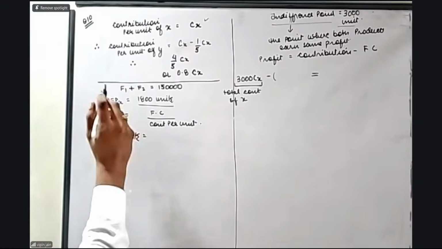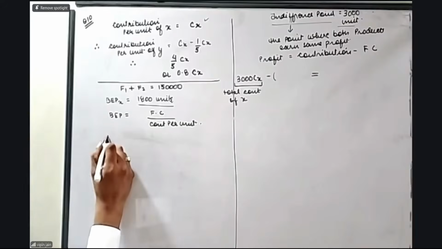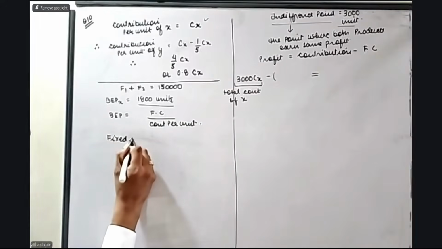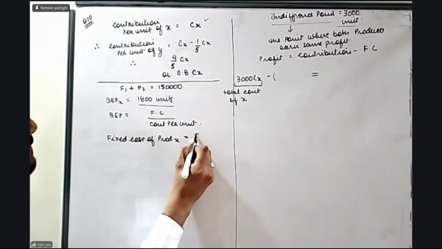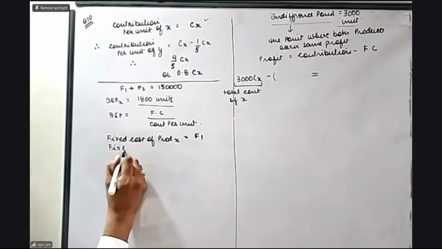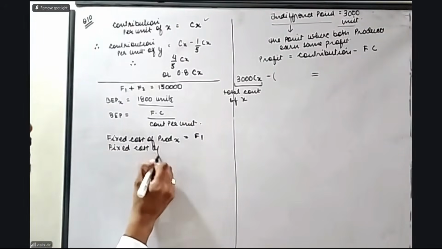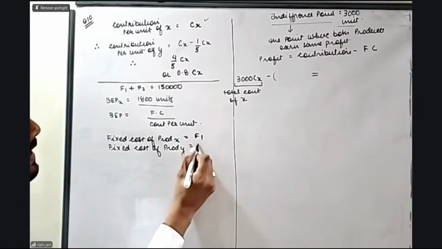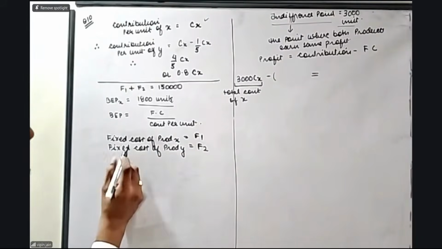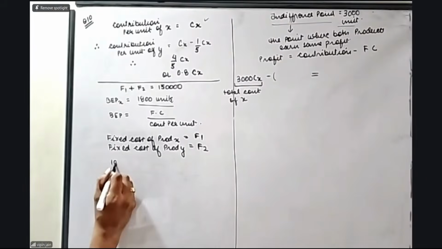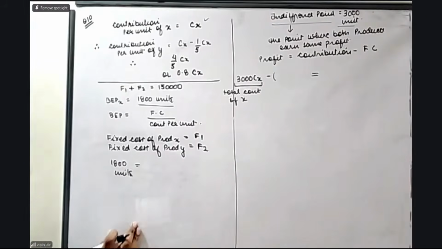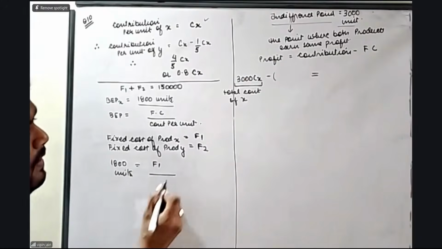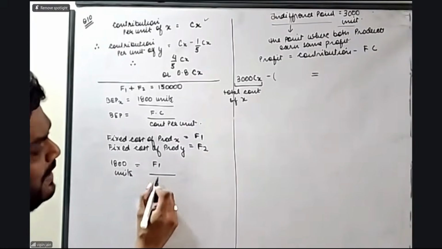Now the fixed cost of product X is F1 and the fixed cost of product Y is F2. So break-even point of X is 1800 units: the fixed cost of X, F1, divided by contribution per unit of X, Cx.